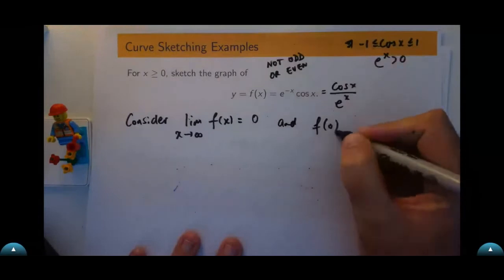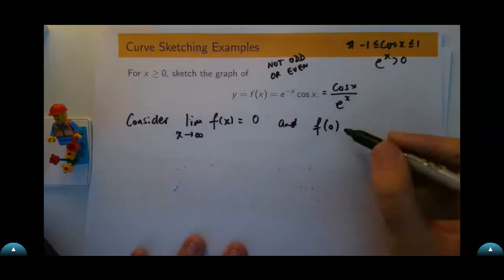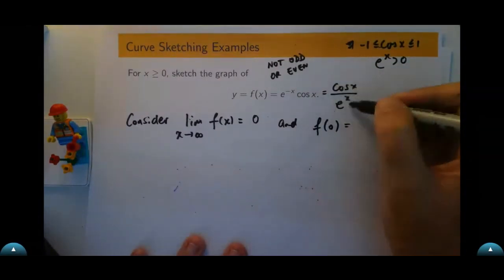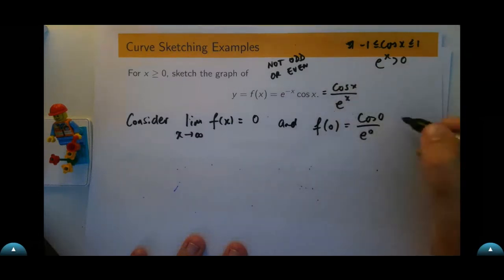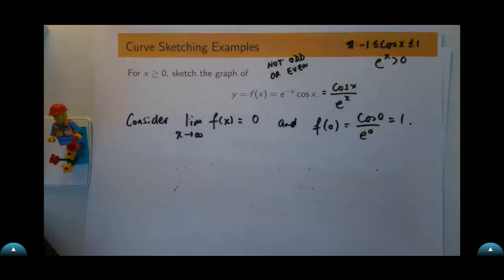Also, when x equals 0, e to the 0 is 1, and cos of 0 equals 1. So we have a y-intercept here.